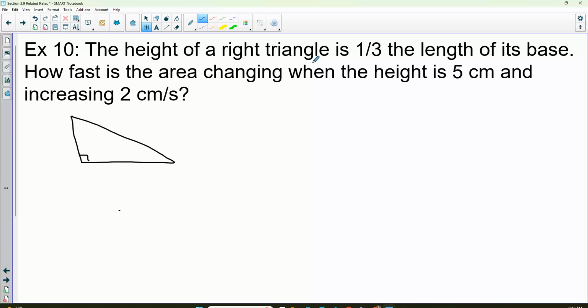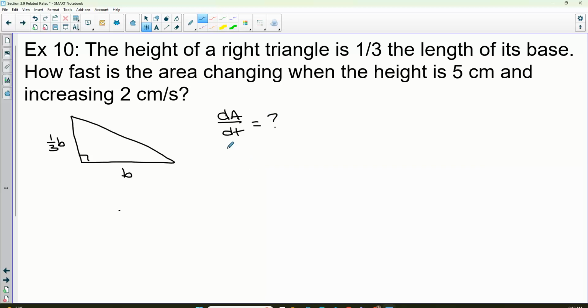It says the height is 1/3 the length of the base. So when I read that, I'm thinking, okay, here's my base, and the height is 1/3 times the base. But then when I keep reading, how fast is the area changing? So if I want to know how area is changing, I'm looking for dA dt.